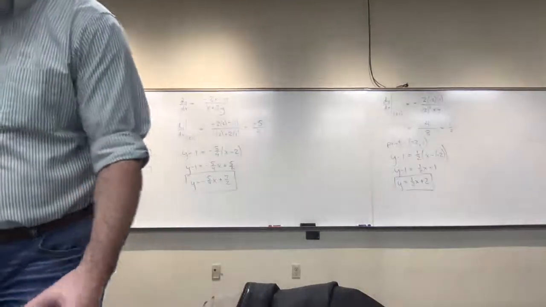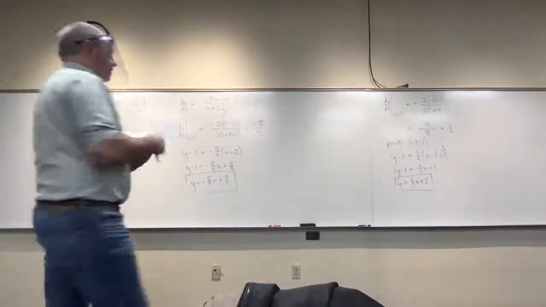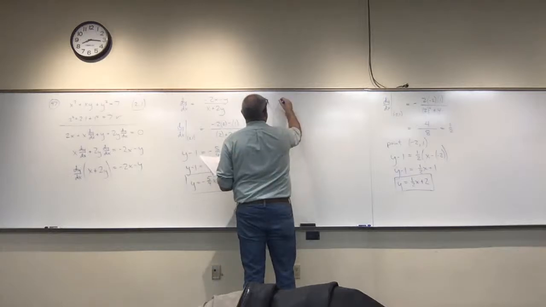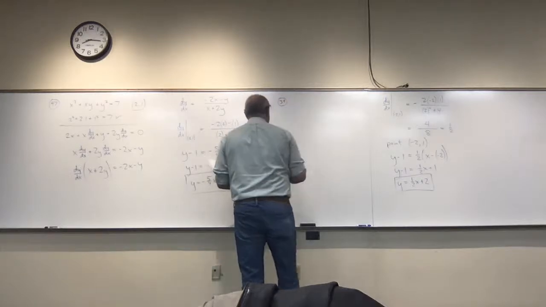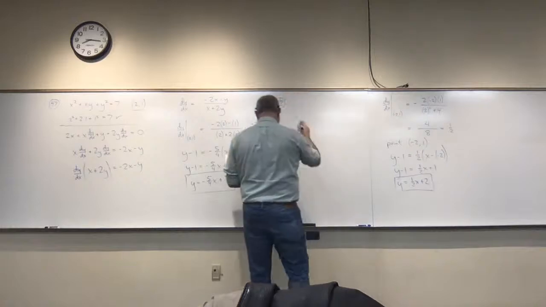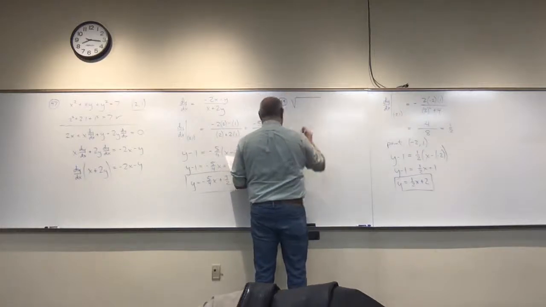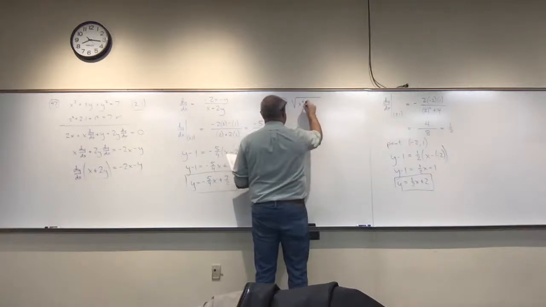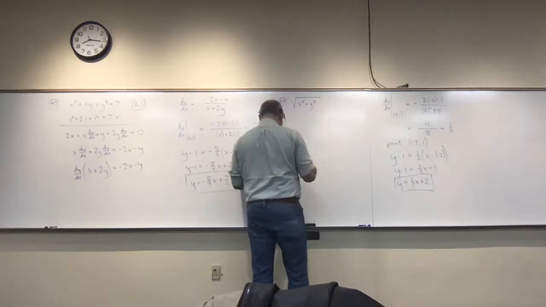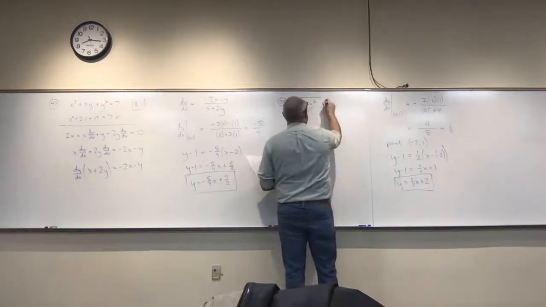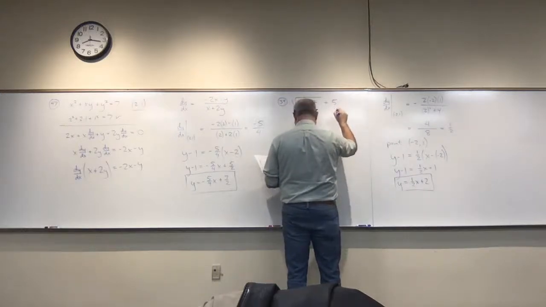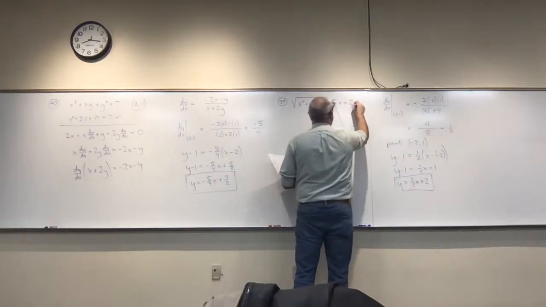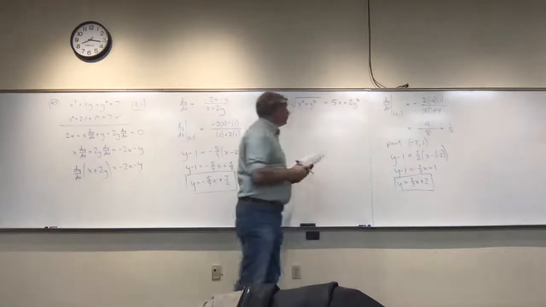Okay. So we're just finding dy/dx. So 39 is the square root of x to the 4th plus y squared is equal to 5x plus 2y cubed.